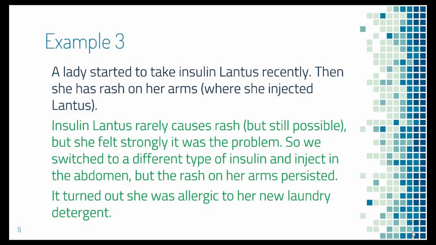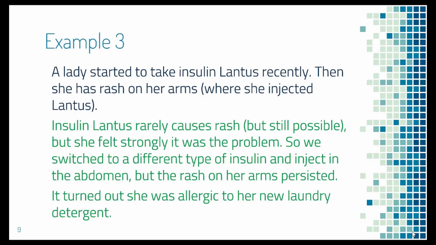The next example is a lady who started to take insulin Lantus recently, and she had a rash on her arms. Rash is not a common side effect of Lantus, so Lantus is unlikely the cause of her rash. However, she still felt strongly that Lantus is a problem because she injected Lantus on her arms.